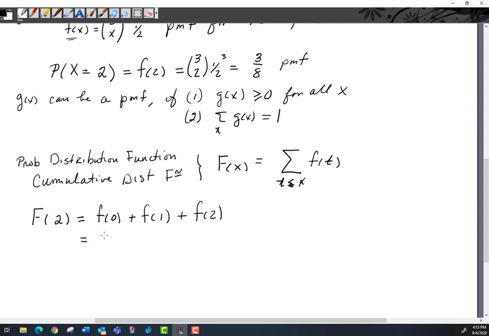And this would be, I'm going from memory now, but as memory serves me, I think this was 1/8 plus 3/8 plus 3/8 would be 7/8. And that would be the value of F of 2. That would also, of course, be the probability that the random variable is less than or equal to the value 2.